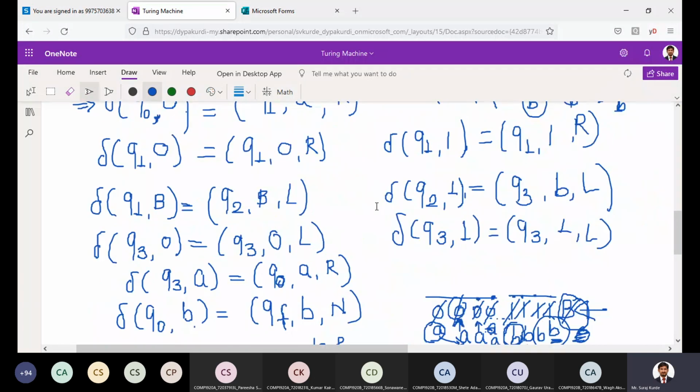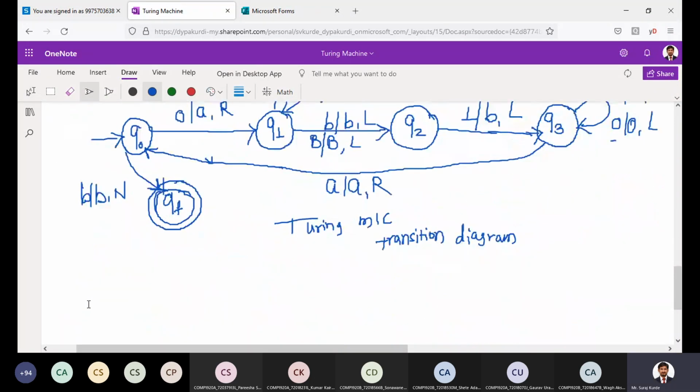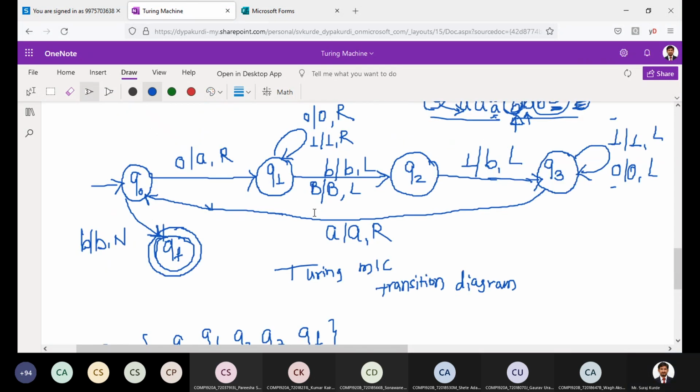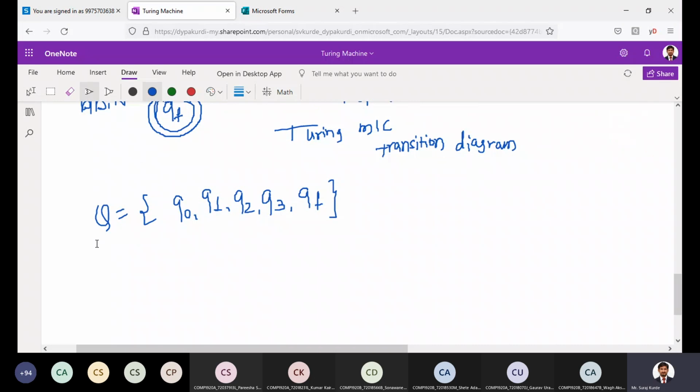Before that, the transition function. What are the remaining things? Tuple. Q is equal to Q0, Q1, Q2, Q3, Qf. Then inputs 0, 1.